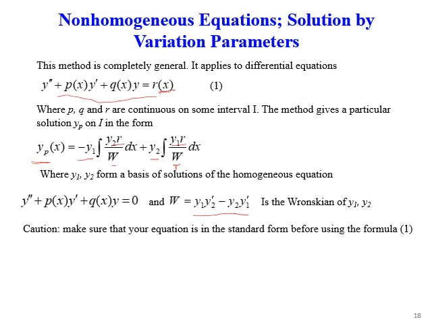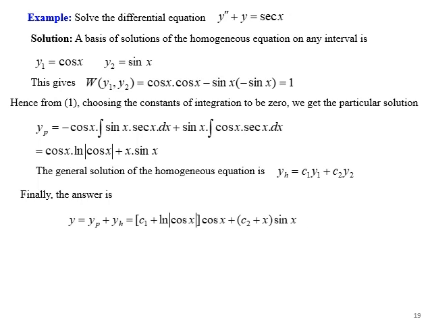We have the homogeneous solution. Let's take this example. Have a look here. y'' plus y equals sec x, and this means m squared plus 1 equals 0, which gives m equal plus or minus j. So we don't have alpha, we have beta, or let me say we don't have a, we have b.